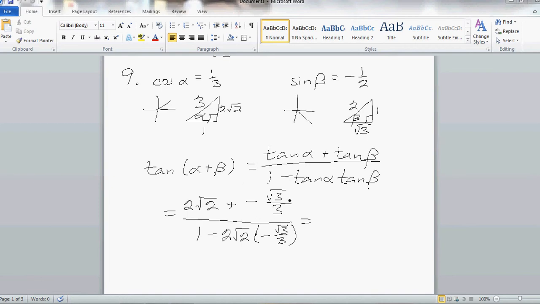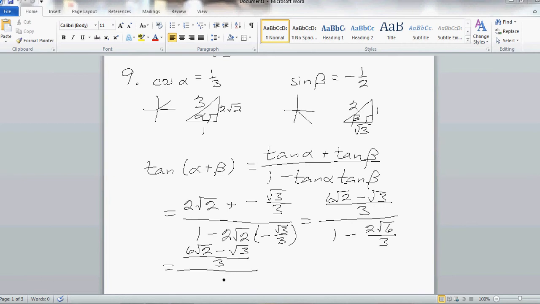First off, I'm going to get this as a common denominator, and that common denominator would be 3. So this becomes 6 root 2 minus root 3 over 3. And the denominator, same thing. Well, first thing I'm going to do is to actually multiply these together. So it's 1 minus 2 root 6 over 3. Okay, now I need to make the denominator have a common denominator, which will happen to be 3 as well, which is very nice because now the 3's will cancel.